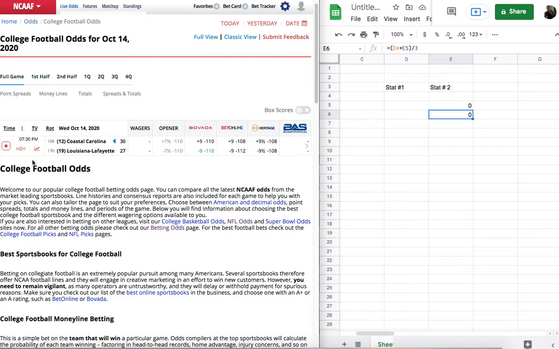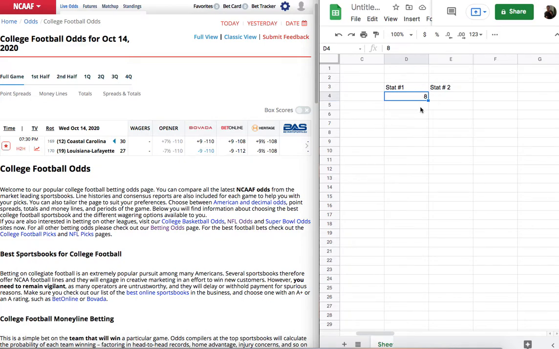If I take the Coastal Carolina stat and subtract it from the Louisiana Lafayette stat, I end up getting an 8. That's a realistic football line, right? So you can see here I have Coastal Carolina in this example favored by 8. They actually won by 3. The sportsbook line was 9.